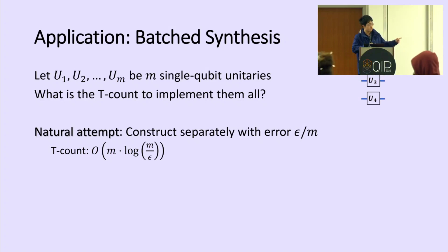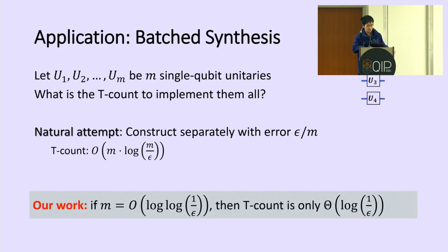Here, this first m is because you have m Ui's, and the additional log of m over epsilon comes from the fact that you need to use single qubit unitary synthesis results. From our work, we show that if m is at most roughly log 1 over epsilon, then the cost doesn't blow up, meaning that you only need log 1 over epsilon many T gates to prepare log 1 over epsilon many different single qubit unitaries.